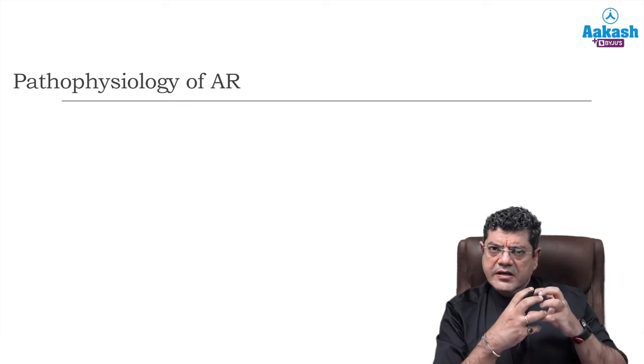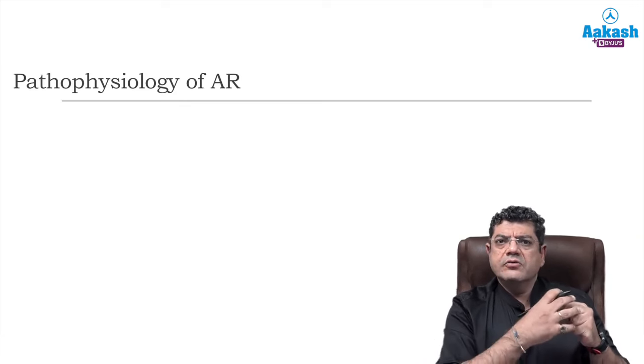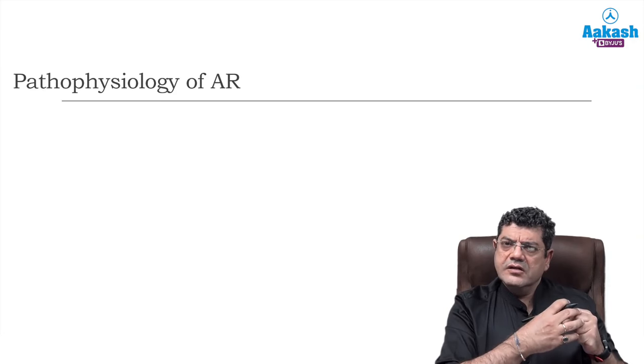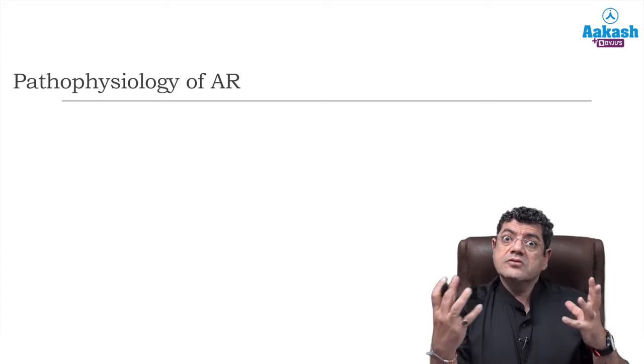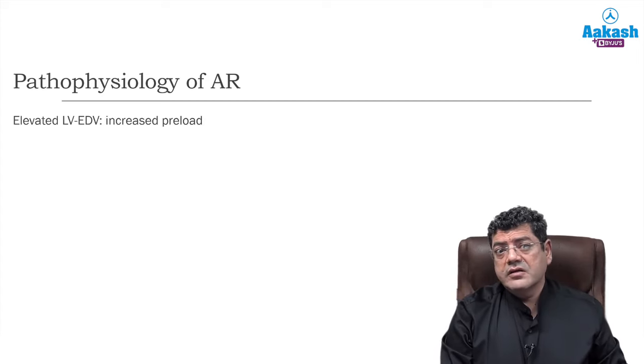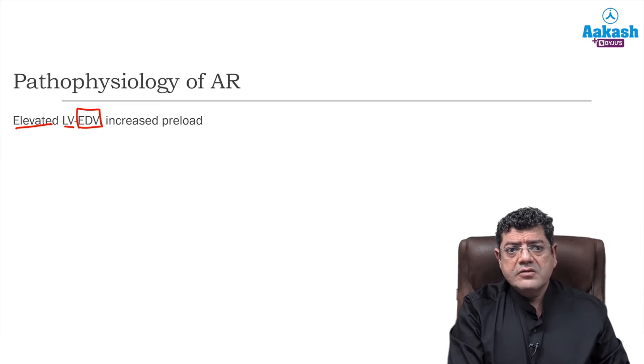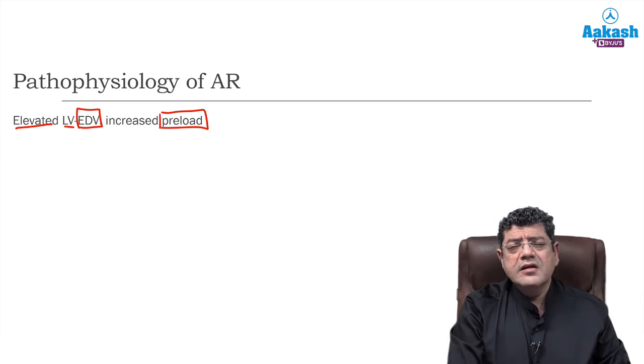Whatever the left ventricle pushes out into the aorta comes back during late systole and early diastole. So the end diastolic volume of the left ventricle is going to increase. So there will be an elevated left ventricular end diastolic volume. That's the definition of an increased preload.